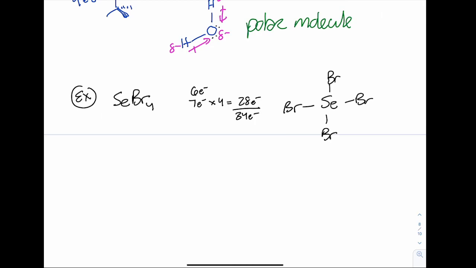I have lone pairs on all of these terminal atoms, so each gets an octet. My next rule says if I have electrons left over, they're going to go on the central atom, so let's count. 2, 4, 6, 8, 10, 12, 14, 16, 18, 20, 22, 24, 26, 28, 30, 32.